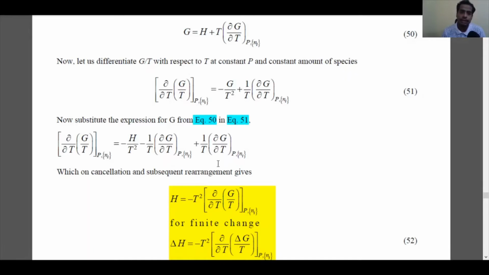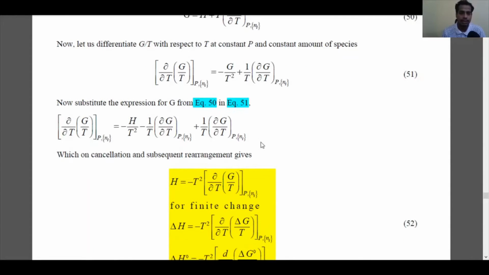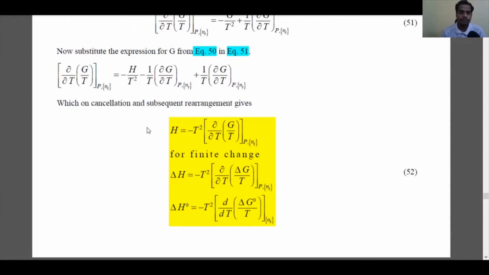Now this negative term and positive term will cancel out. So this second term and third term cancel out. If I rearrange the remaining terms, I will get enthalpy is equal to minus T square partial differentiation with respect to T of G by T.